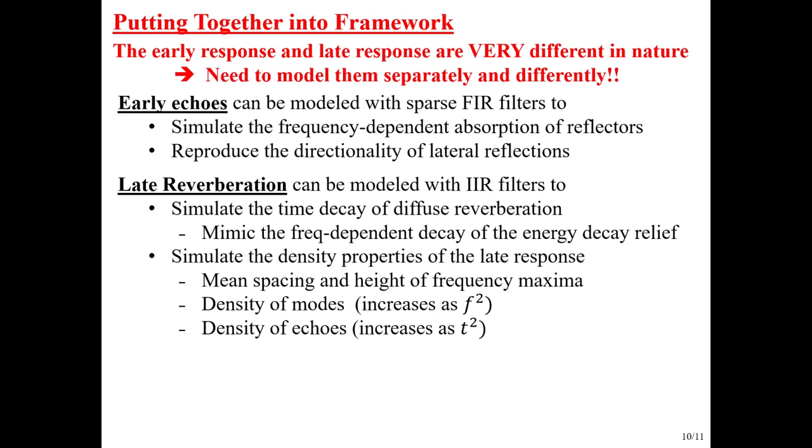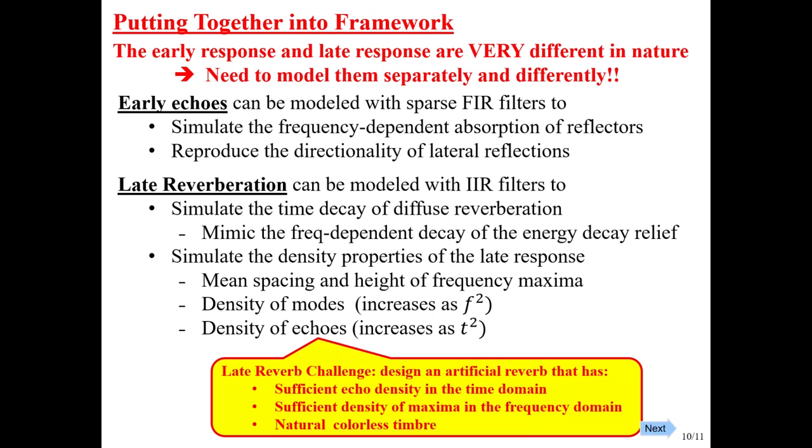But at the same time, we need to be cognizant of the fact that there's all this high density of resonant peaks in the frequency domain and high density of echoes in the time domain. So we need to capture the ideas of those frequency maxima, and we also have to capture the density of the echoes in the time domain, as well as the fact that the density of the modes in the frequency domain, both of those go up quadratically.